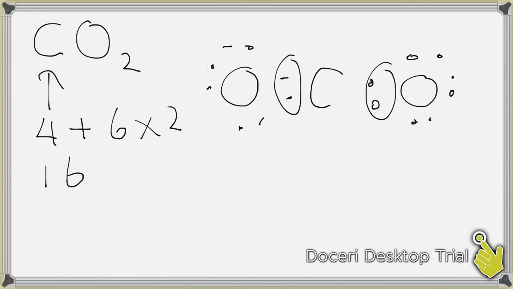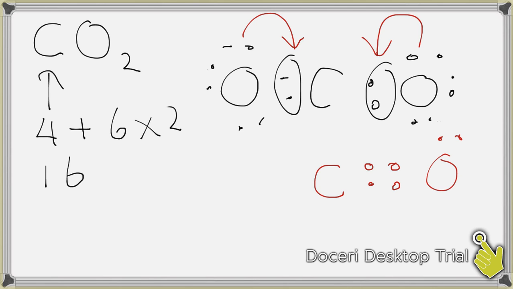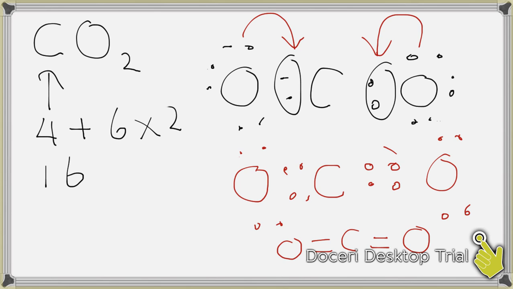Carbon is not happy. How do you make carbon happy? You get electrons like that from each oxygen. Then carbon has 1, 2, 3, 4, and so on to 8, and each oxygen has 5, 6, 7, 8. So you share 4 electrons, and 4 electrons means a double bond.